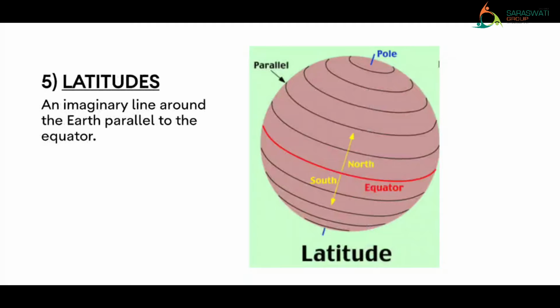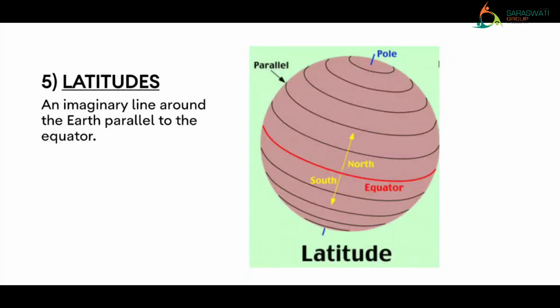Next, latitudes. Latitudes means an imaginary line around the earth parallel to the equator. See in the picture, this is the earth. Now, in the center you can see the red line, which is the equator.